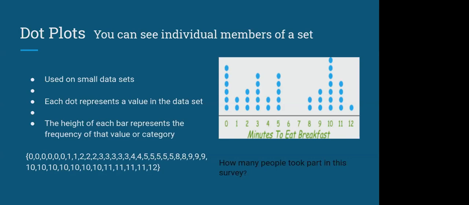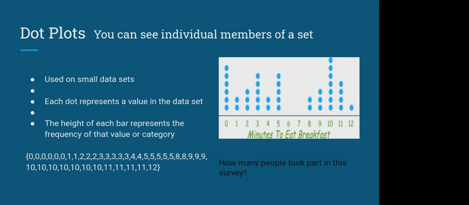And a dot plot can be used for things like if you want to know probabilities related to a set of data, a dot plot is good. Because again, you can tell about each member of the set. So the probability that a person takes 11 minutes to eat breakfast.